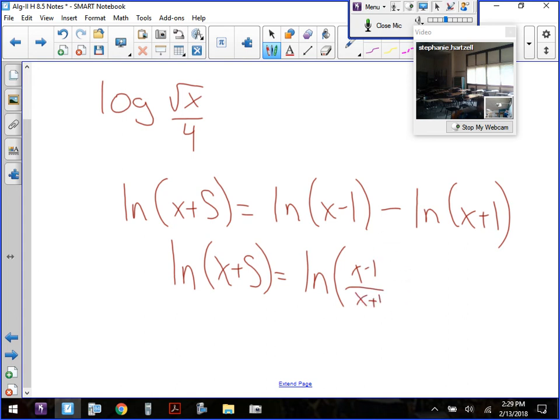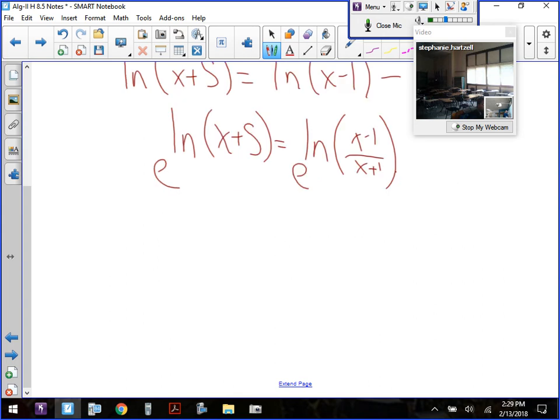What does natural log stand for? Log base e. So how do you undo the natural log? You e it. So if you e both sides, you get x plus 5 equals x minus 1 over x plus 1, and then you would go on from there.